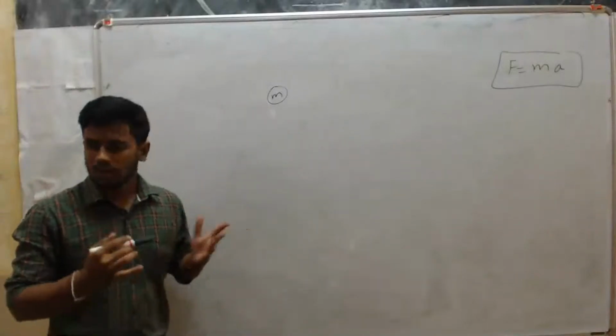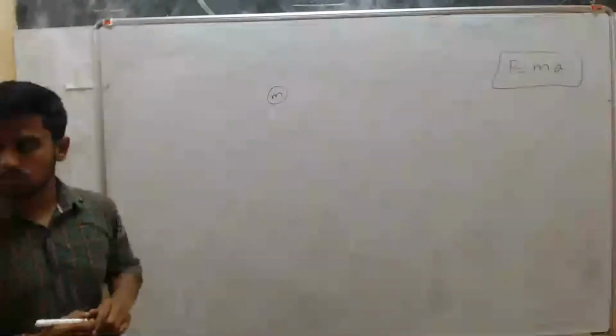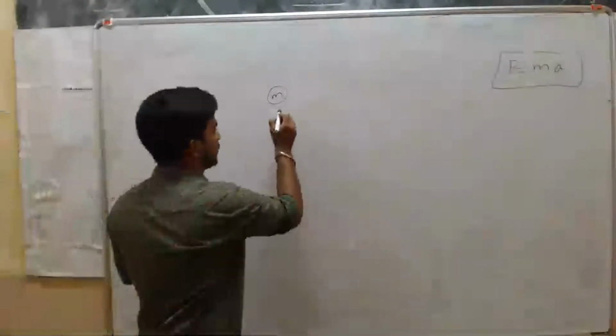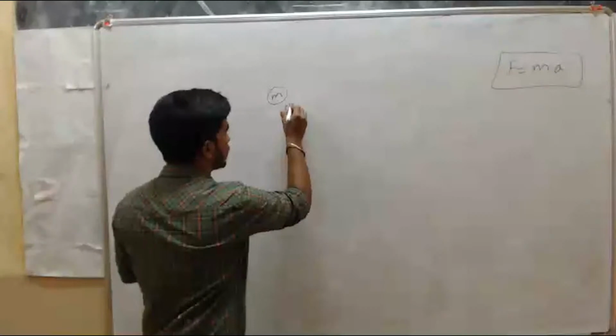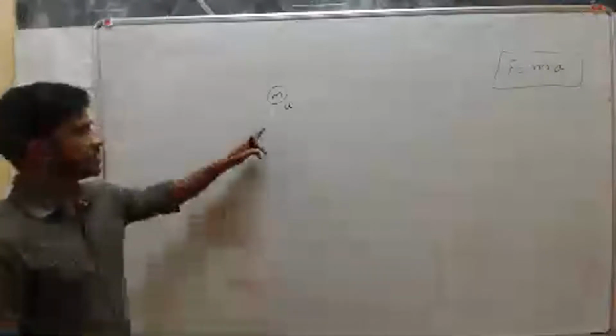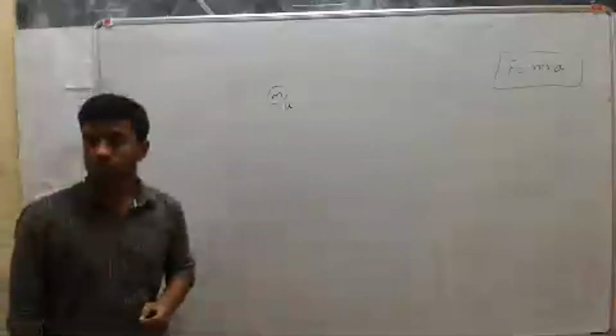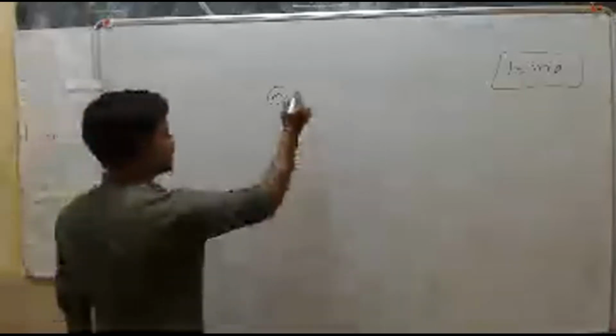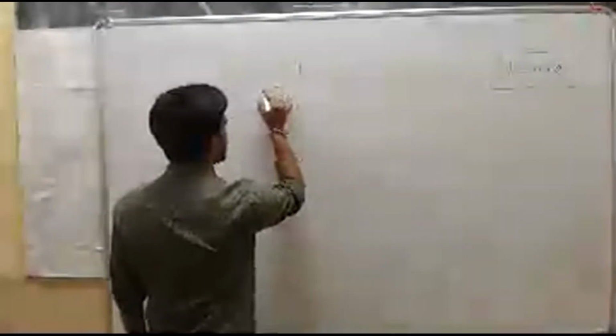Say it is moving with the initial velocity u. Now just imagine the force F which acts on this body. I consider that force as x.